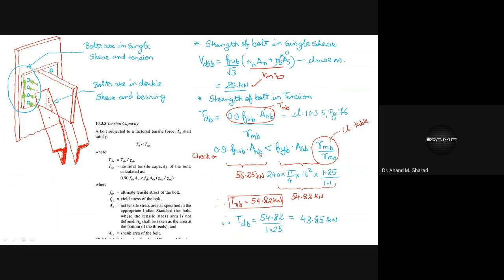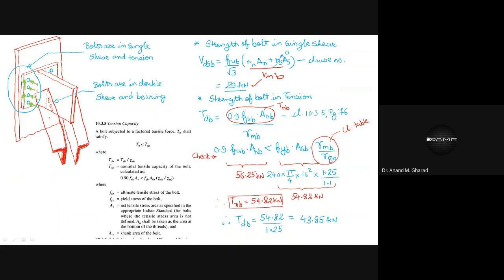D stands for the diameter of the bolt. And just let me know whether you are getting this value or not. Okay, 56.45.